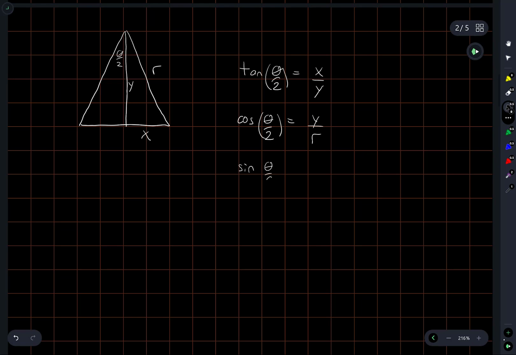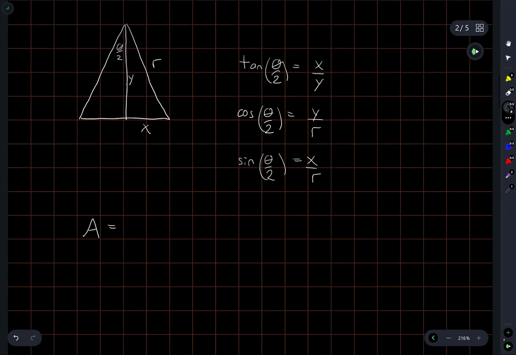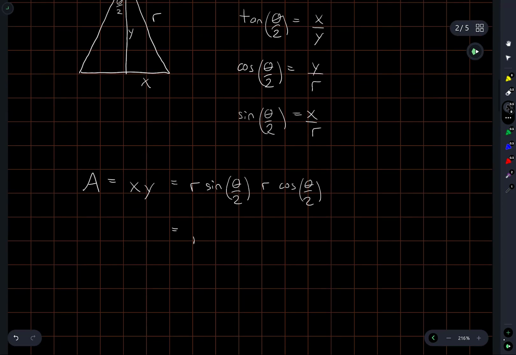And sine of theta over 2 is x over r. The area of this entire triangle is xy, which is r sine theta over 2 times r cosine theta over 2. This, oh no, okay, I see why I thought I was wrong before.